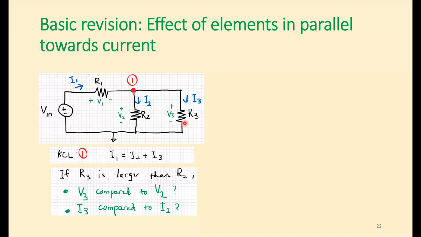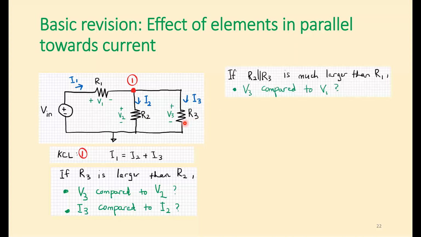Another question that you might want to sort out after you watch this video lecture, that you have to decide intuitively, is if R2 parallel with R3 as a combination is much larger than R1. So R1 is small compared to the parallel combination of R2 and R3. What can you say about V3 compared to V1?